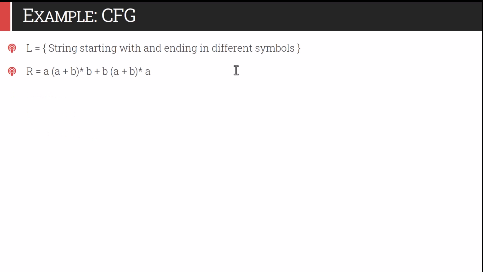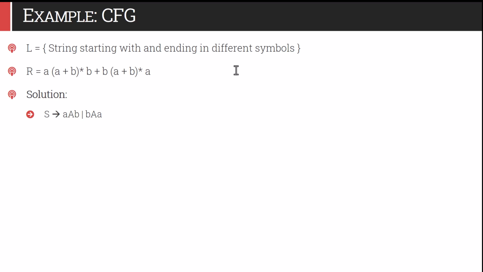Language contains strings starting with and ending in different symbols. So if our string is starting with a, it should end with b. If it is starting with b, it should end with a. In between these a and b or b and a, we can read any combination of a and b. S implies a A b or b A a.